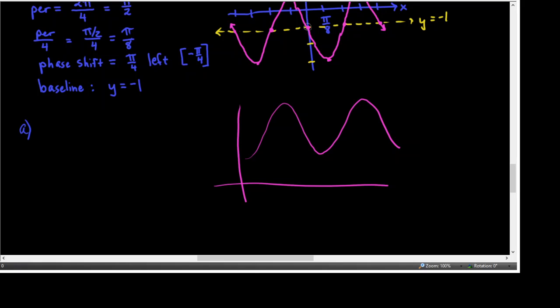So, using only the maximum and minimum temperatures. Well, they said that the maximum is, right here, 82 degrees Fahrenheit. And the minimum, right here, is 54 degrees.